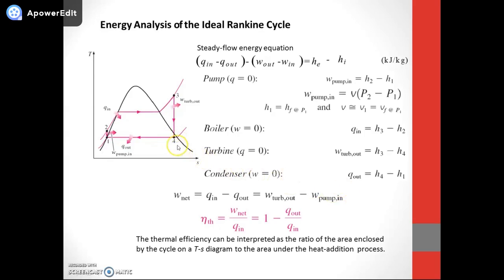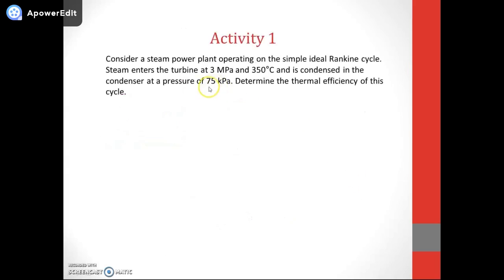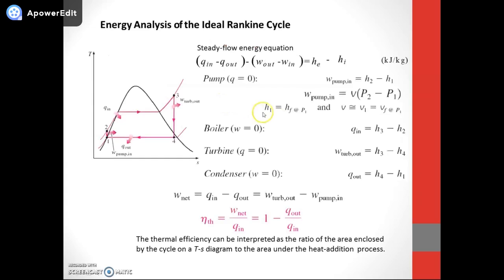You need to go to that table and find the value of entropy that you gained from state 3 just now, match it with the pressure of 75 kilopascal, and you might need to use some interpolation to get the H4.